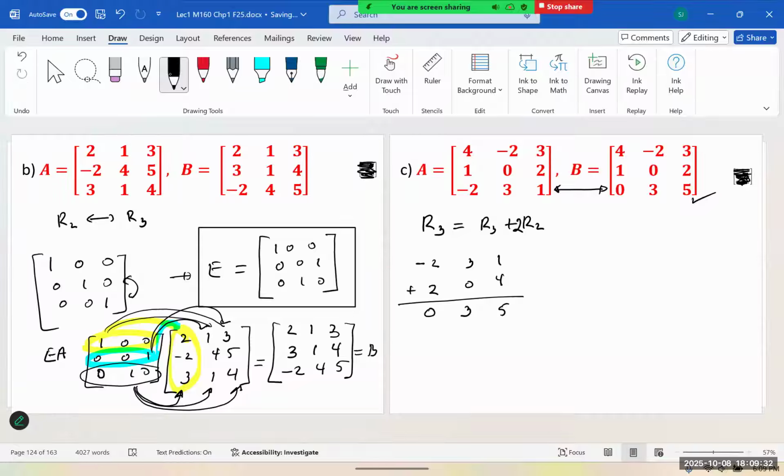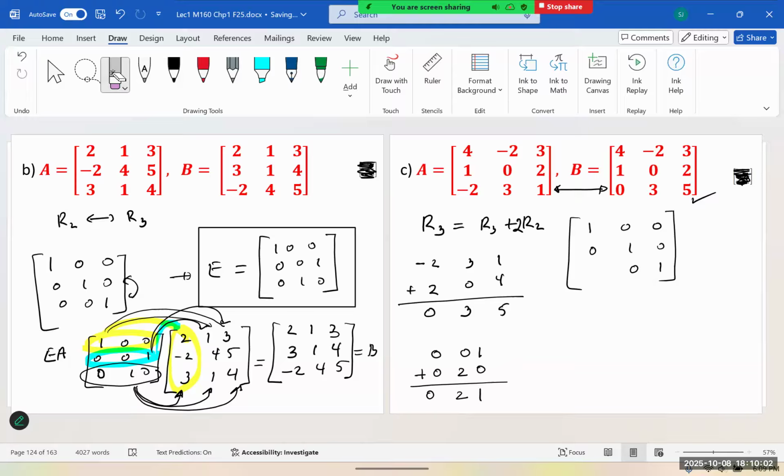So we are going to apply the same operation on the identity matrix. So 1, 0, 0, 0, 1, 0, 0, 0, 1. If you do row 3, which is 0, 0, 1, and you add 2 row 2, so it's 0, 2, 0, we get 0, 2, 1.